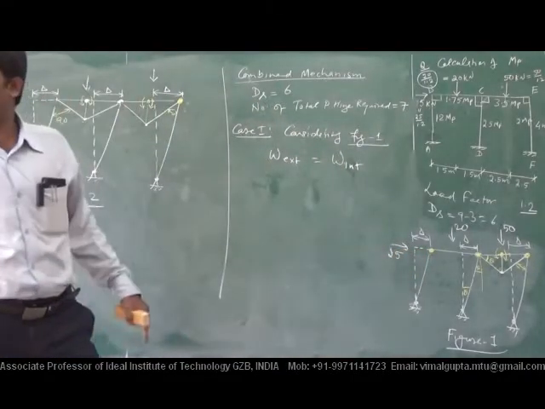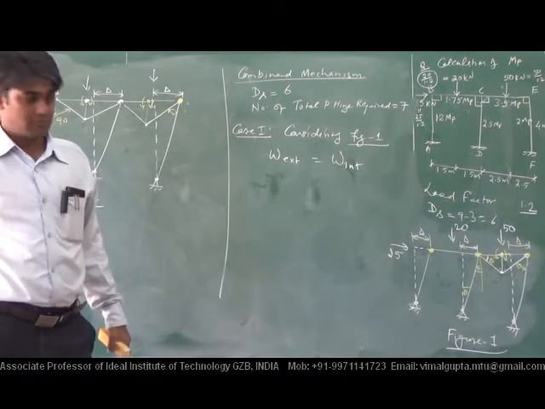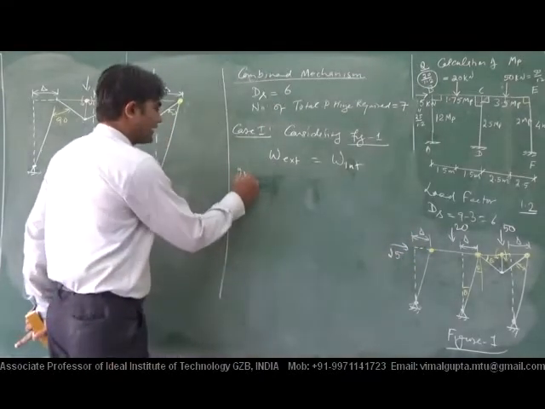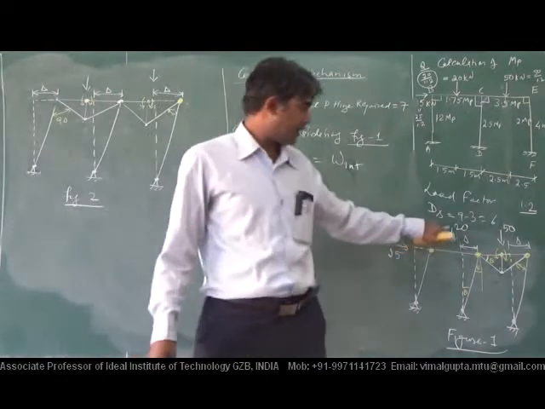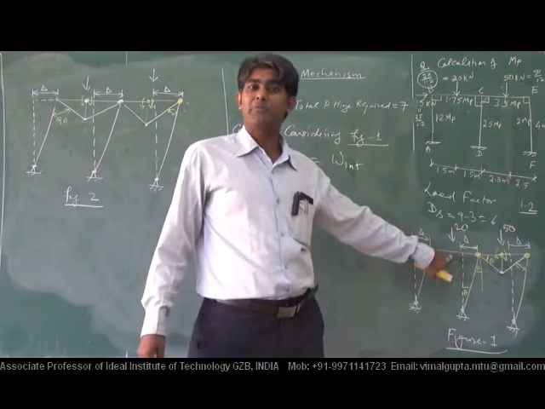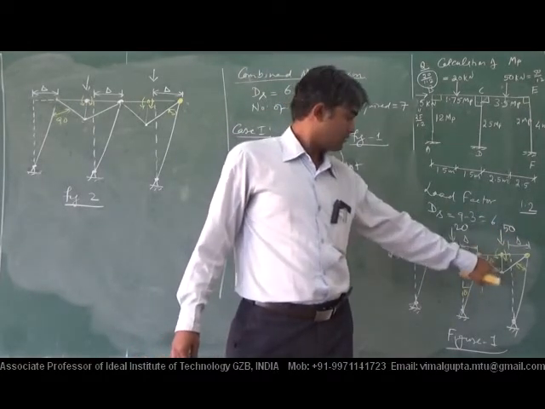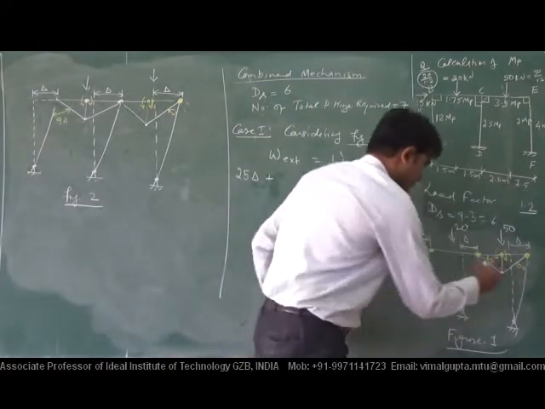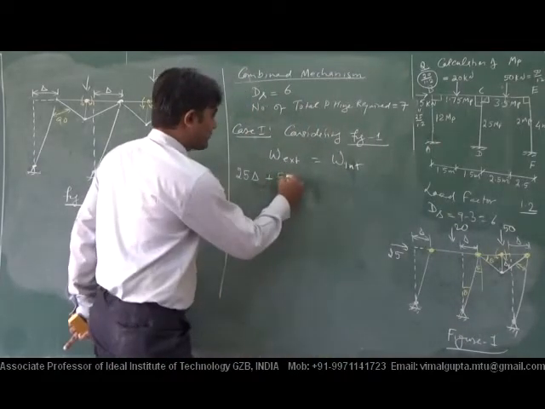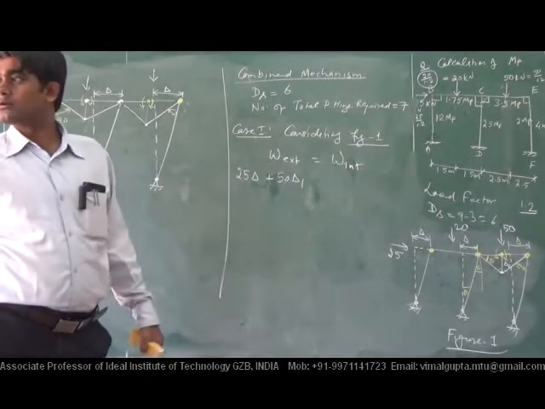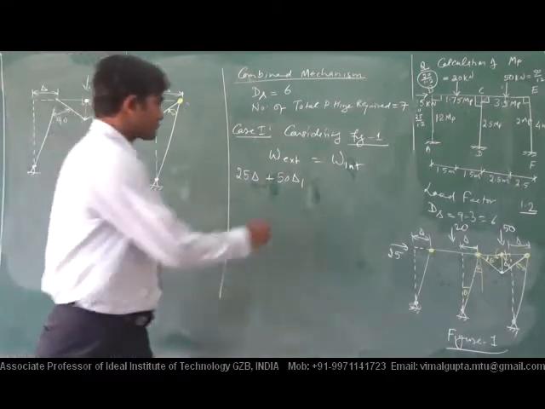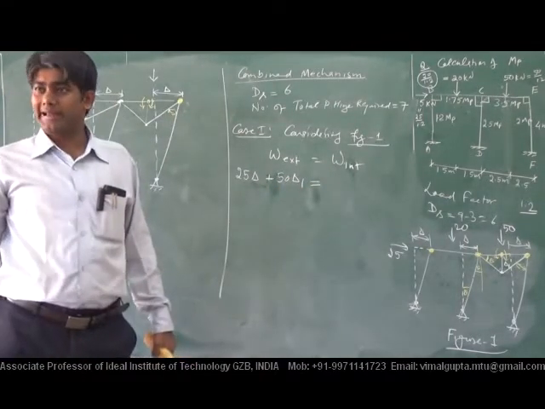Now, find out the value of the external work done. 25 into delta, plus another load 20 into 0 because it does not have any displacement, plus 50 into delta 1. This is the external work done.